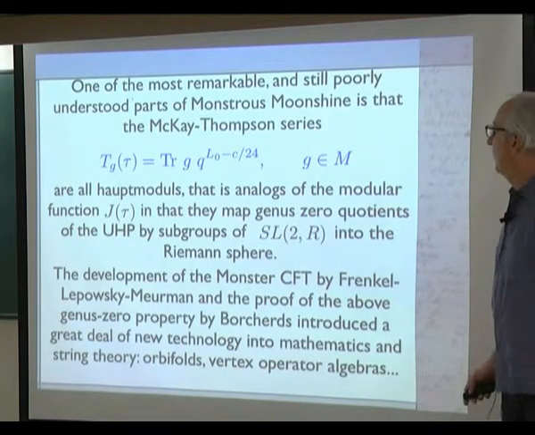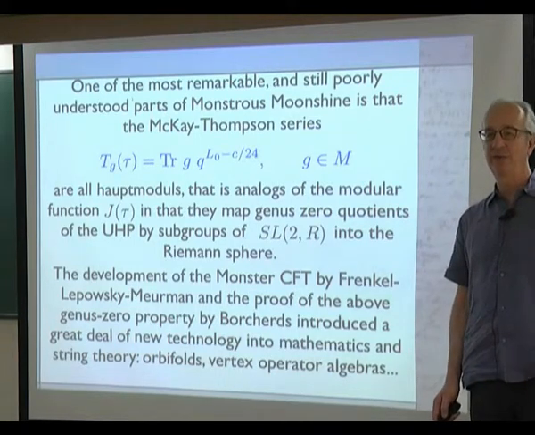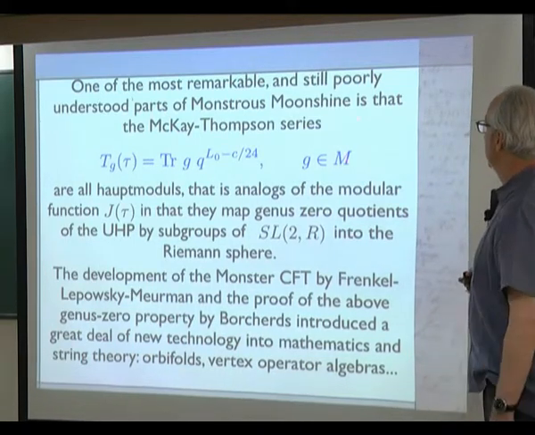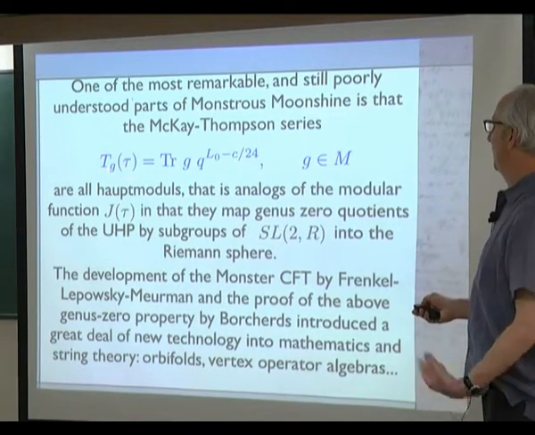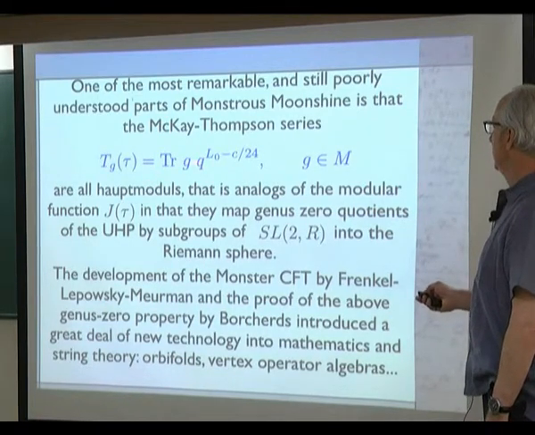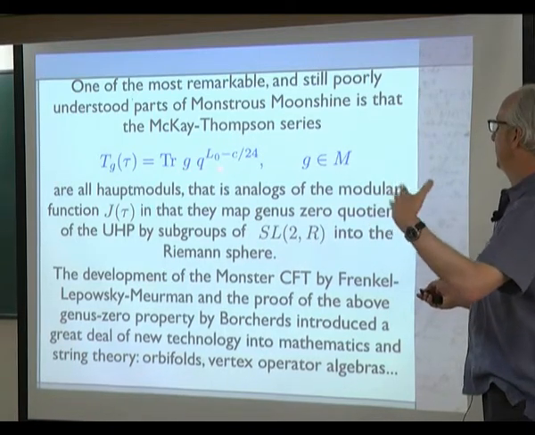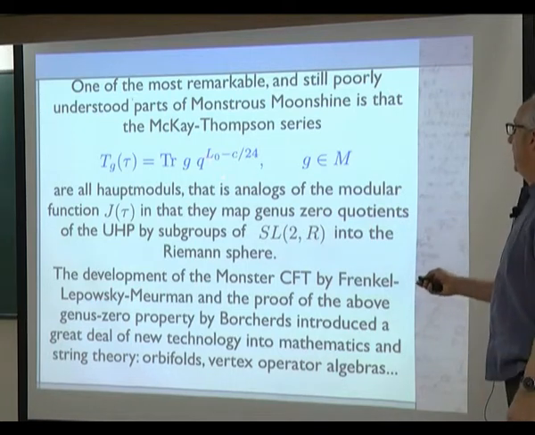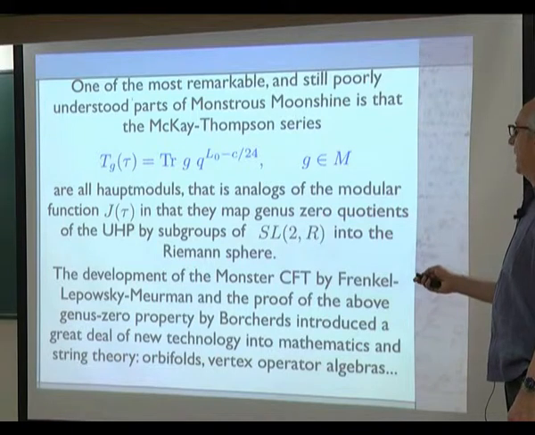Now, one remarkable fact, which I think is understood precisely mathematically but perhaps not conceptually, is this: if you do the kind of procedure that I went through in that opening slide, and you take the representations suggested at each conformal weight, and then you compute the character of some element g in the monster to get these so-called McKay-Thompson series, these are also analogs of j of tau.